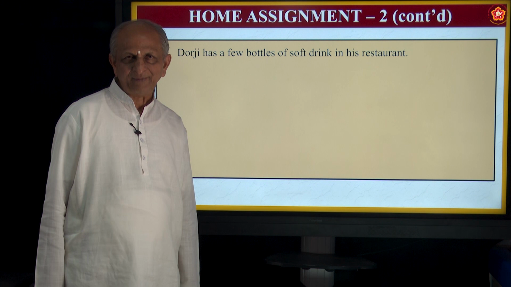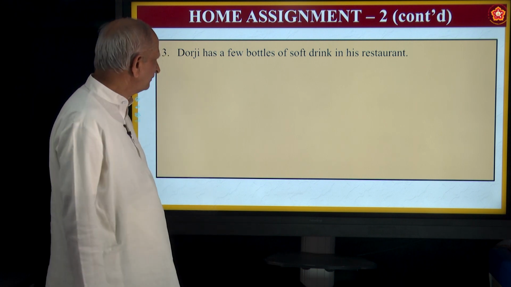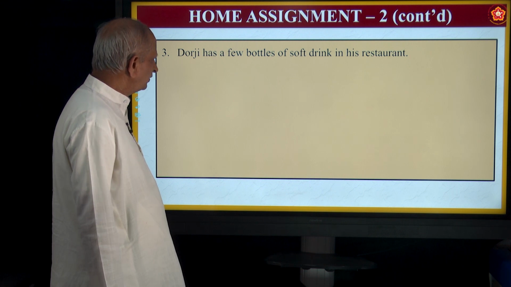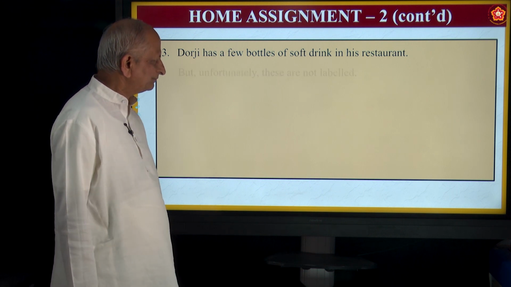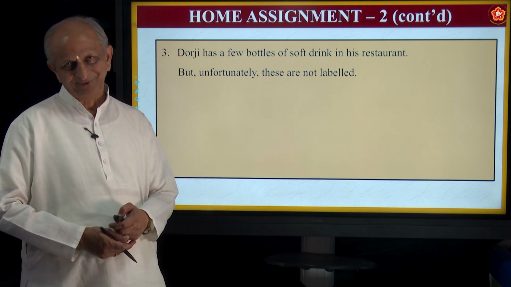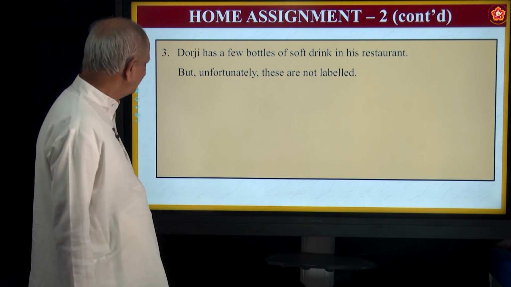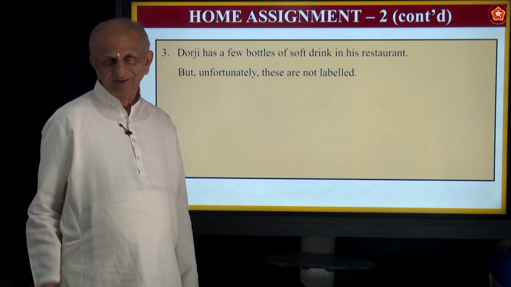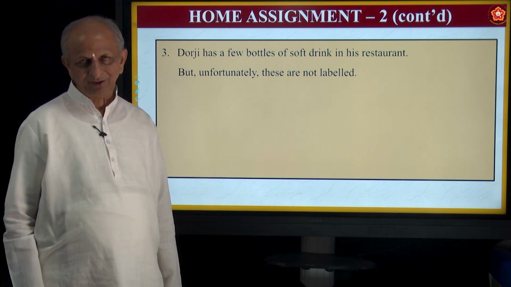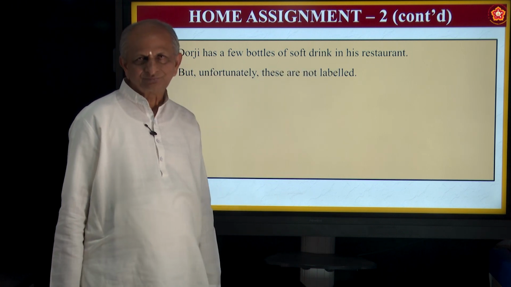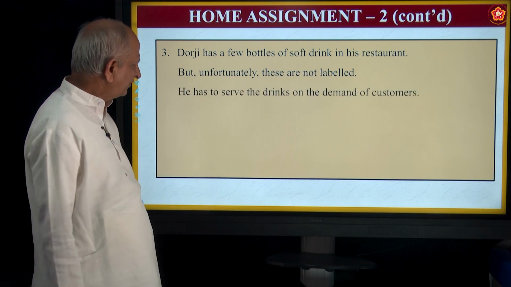Dorji, name of a boy. A few bottles of soft drink in his restaurant. Say, he has a restaurant, hotel. So he has some soft drinks. Unfortunately, these are not labeled. Label is not put. Okay. So restaurant means hotel, that is another way of calling it.